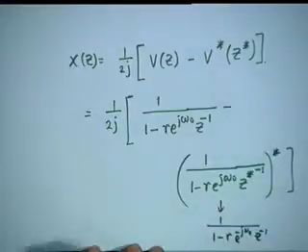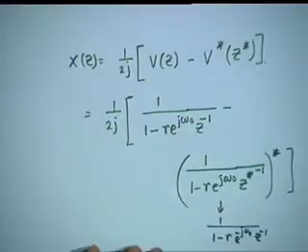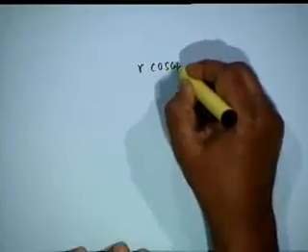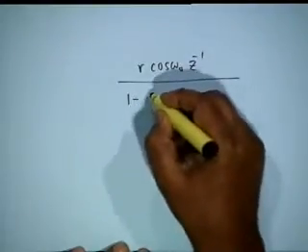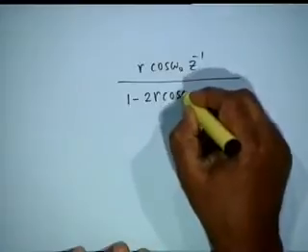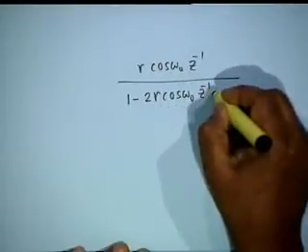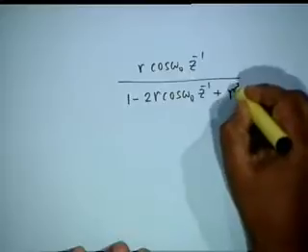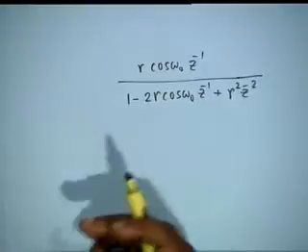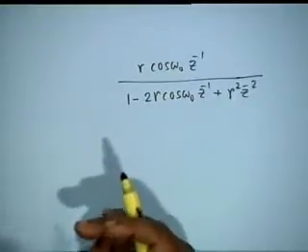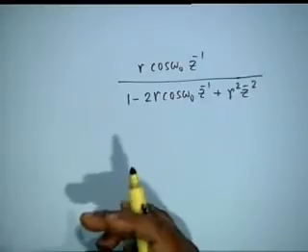Now, you can add the two quantities and get the desired result. What is the result? That algebra you can carry out. The result is r cosine omega 0 z inverse divided by 1 minus twice r cosine omega 0 z inverse plus r squared z to the minus 2, the transform of sine, cosine, delta n u n e to the j n omega 0.